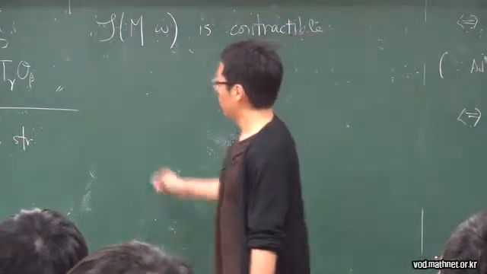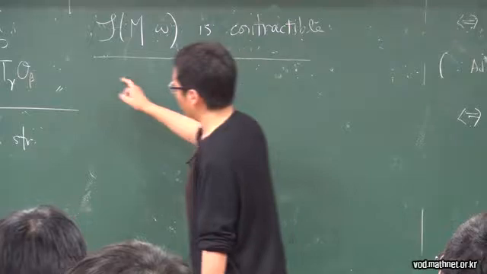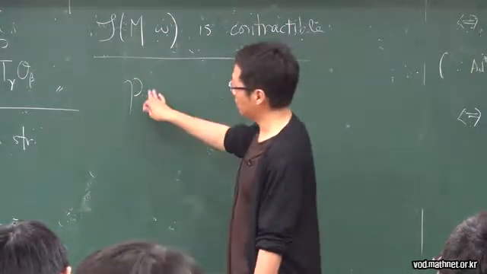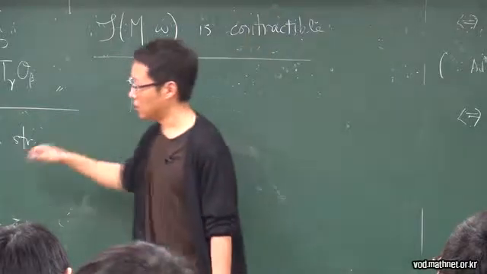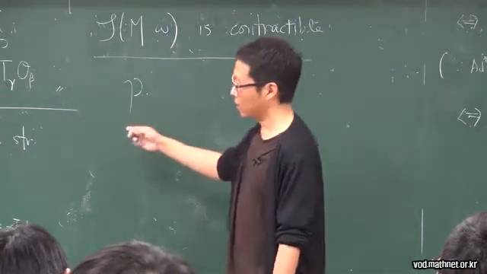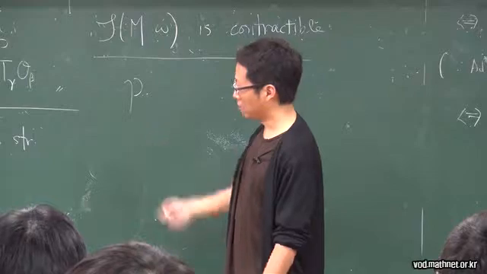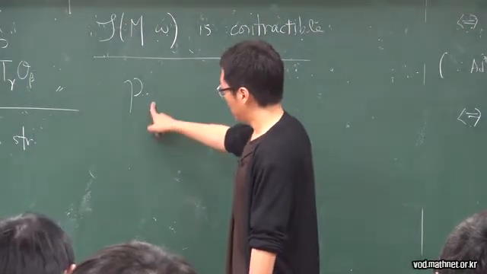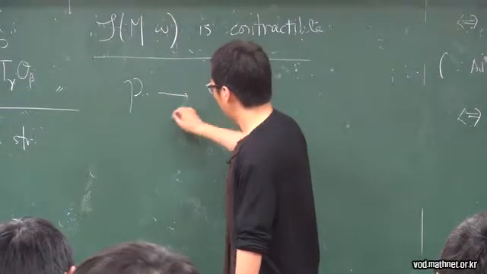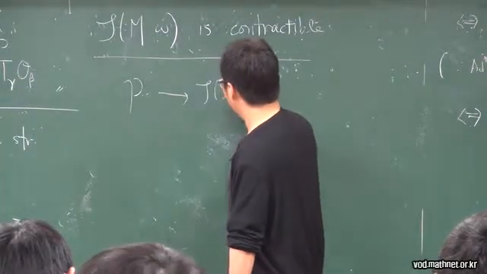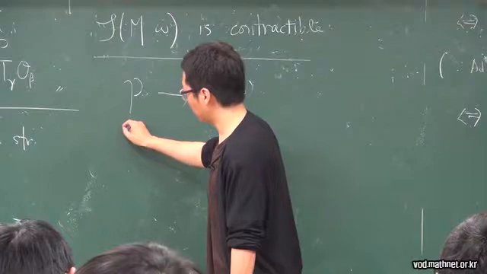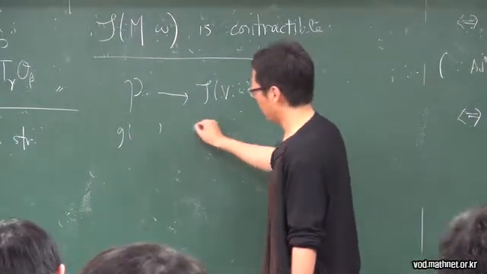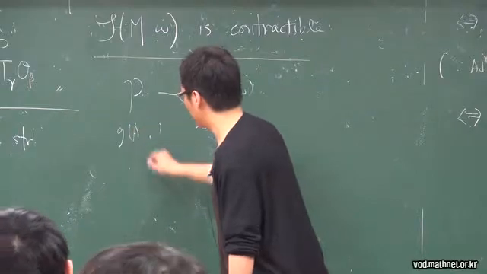So for example, in the linear case, we take P as an inner product space. Instead of an inner product space, we take a space of Riemannian metrics here. And this is also convex, because a linear combination is convex. So this is contractible, and we take a map exactly the same way as before.